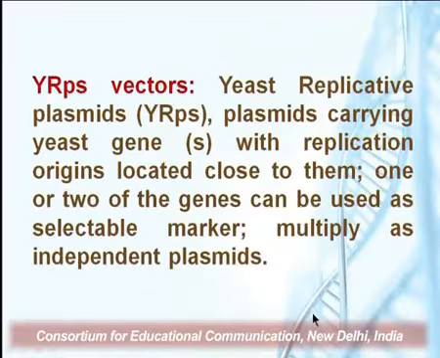Then comes the YRP vectors, and YRP vectors are yeast replicative plasmids. They are the plasmids carrying the yeast genes with replication origins located close to them. One or two of the genes can be used as selectable markers, and they multiply as independent plasmids. So, basically YEPs have the possibility of integrating into the chromosome, but also replicating separately.